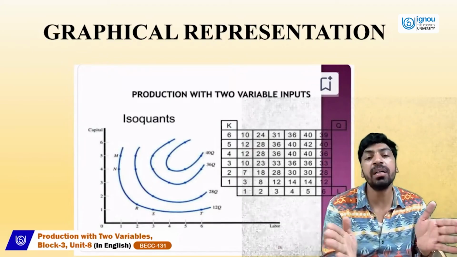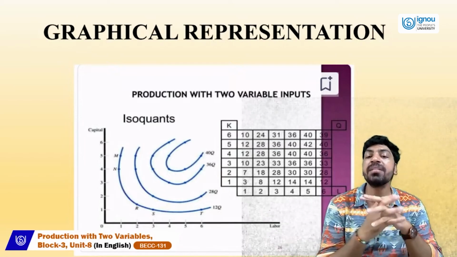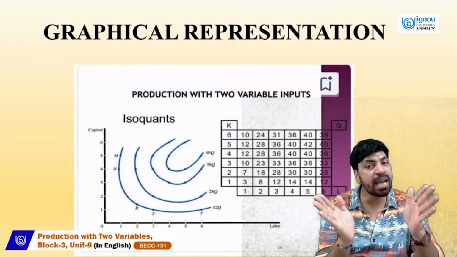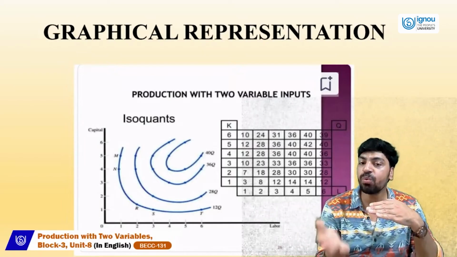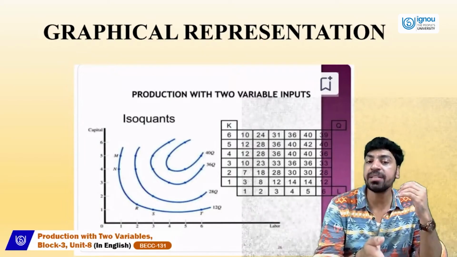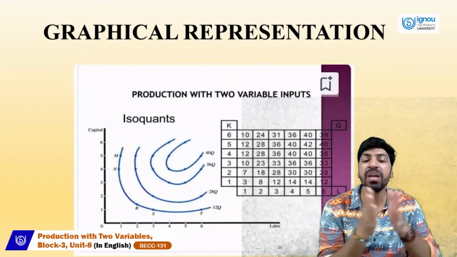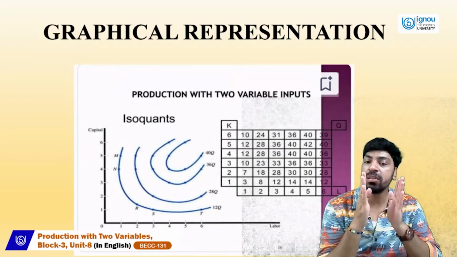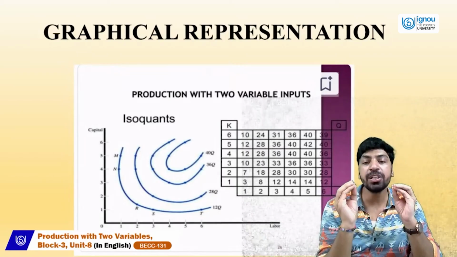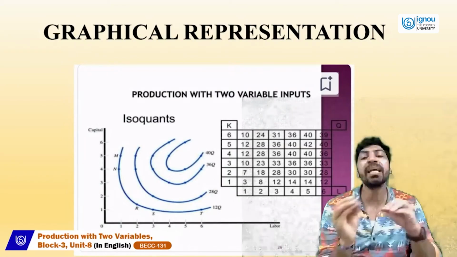In this particular example, the labor and capital schedule has been given to you. You have to use it, combining these two inputs, to draw the isoquant curve. So this is the way to draw: if you are combining the two inputs from the first column, look at which units produce the same level of output, that is 12.